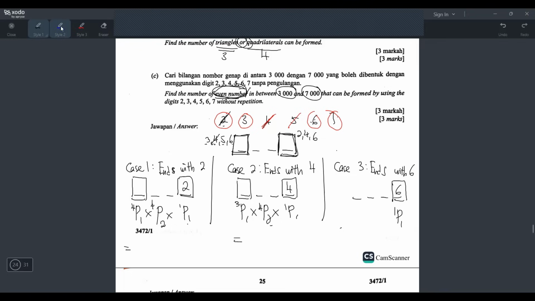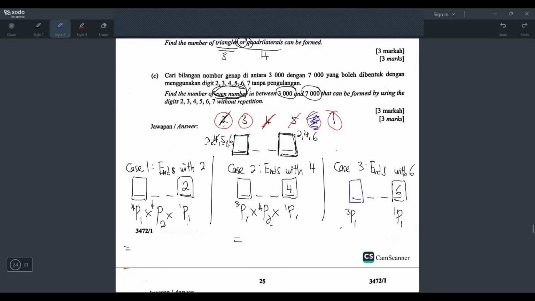Because there's only one 6 from the options. So imagine if the 6 goes in here. It means what would be the first box? The option in the first box, you can either put 3, 4, or 5, right? 6 cannot because the last box has taken it already. So definitely this is 3P1, right?